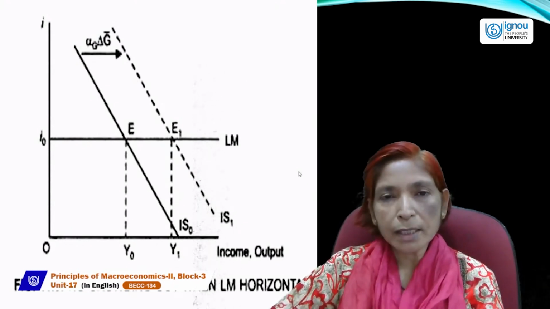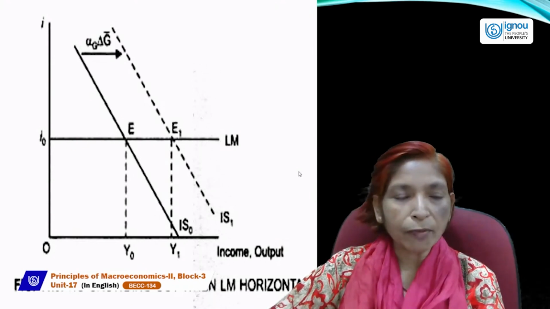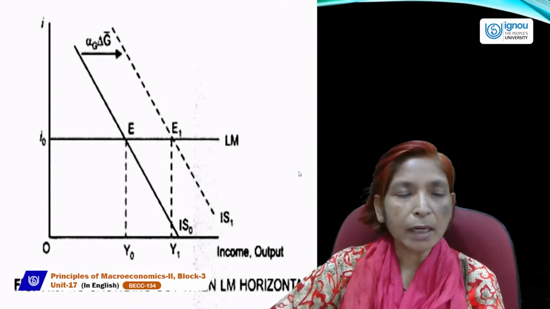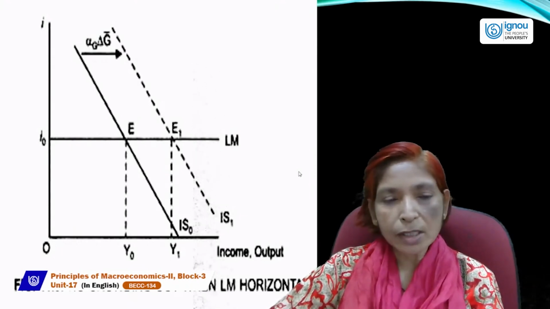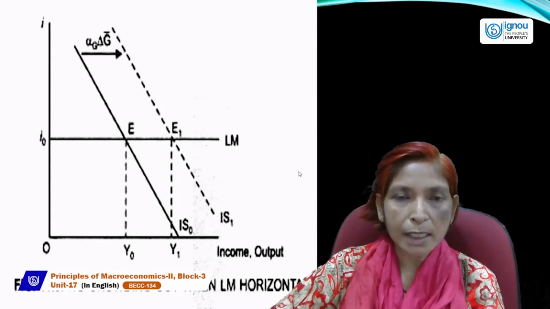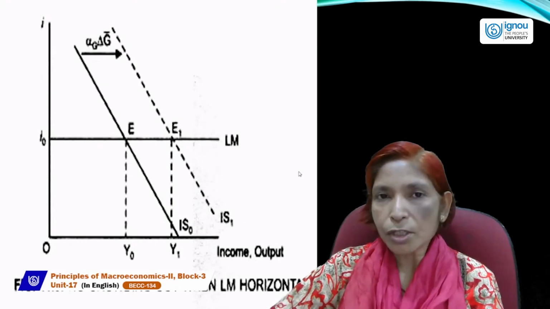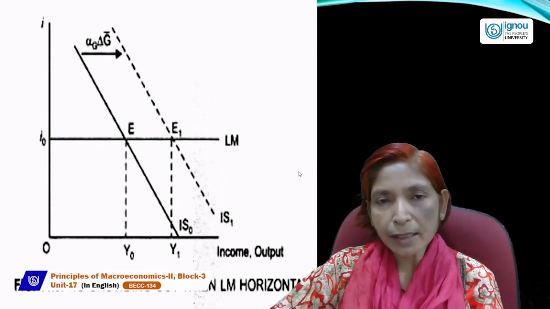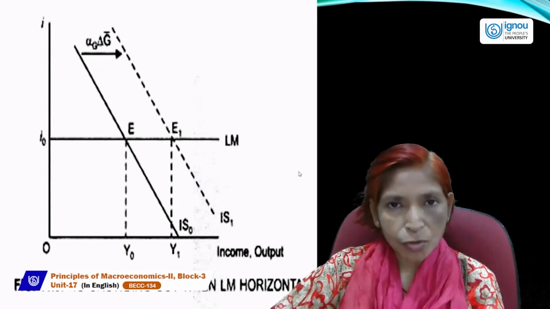But as you know, when the rate of interest falls, money demand for speculation purpose rises. When the rate of interest falls further, money demand for speculation purpose will also rise. But you know that the rate of interest can never fall beyond a certain limit. At that limit, the money demand curve will become horizontal or parallel to the x-axis. That situation is known as the liquidity trap situation.